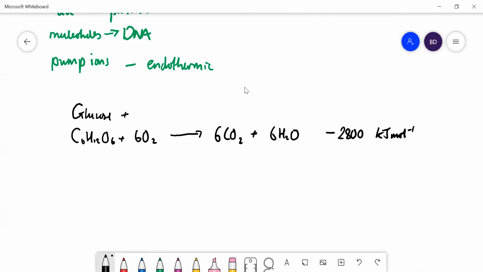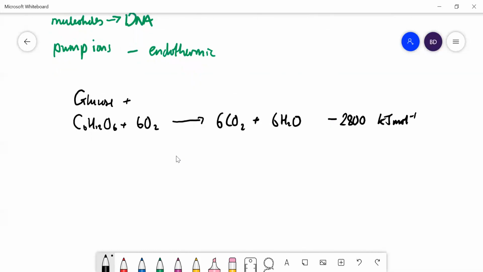So what happens in cells is when you combust 1 mole of glucose, you get about 36 ADPs and 36 inorganic phosphates. That will make 36 ATP molecules. And you will also get 36 molecules of water.